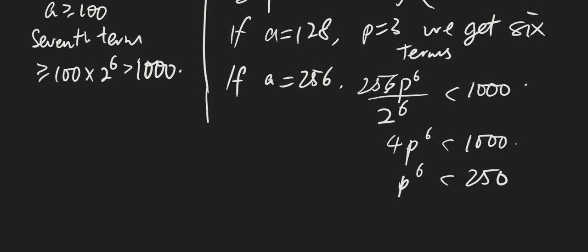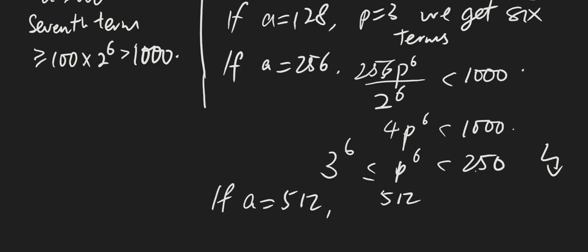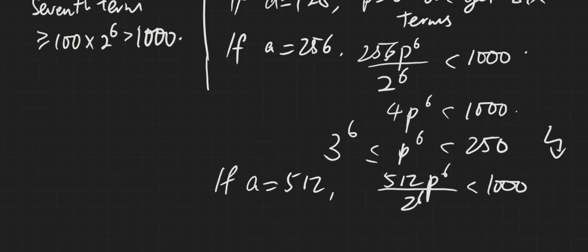Because p is greater than or equal to 3, but 3 to the power of 6 is 729. So this is a contradiction again. And for the last one, it's even worse, right? With 512, p to the 6 over 2 to the 6 is less than 1000 divided not only by 4, but by 8. So it's an even smaller constraint, so that's a contradiction as well.